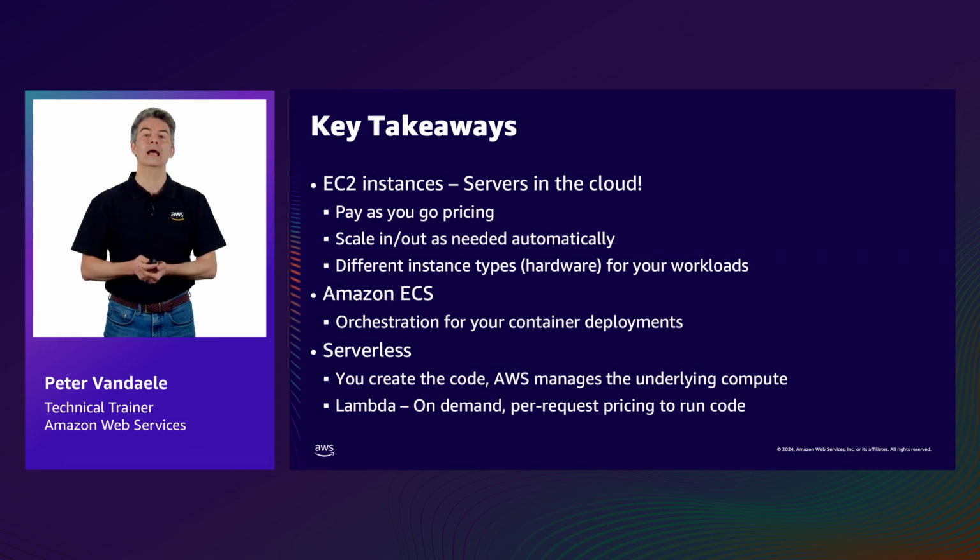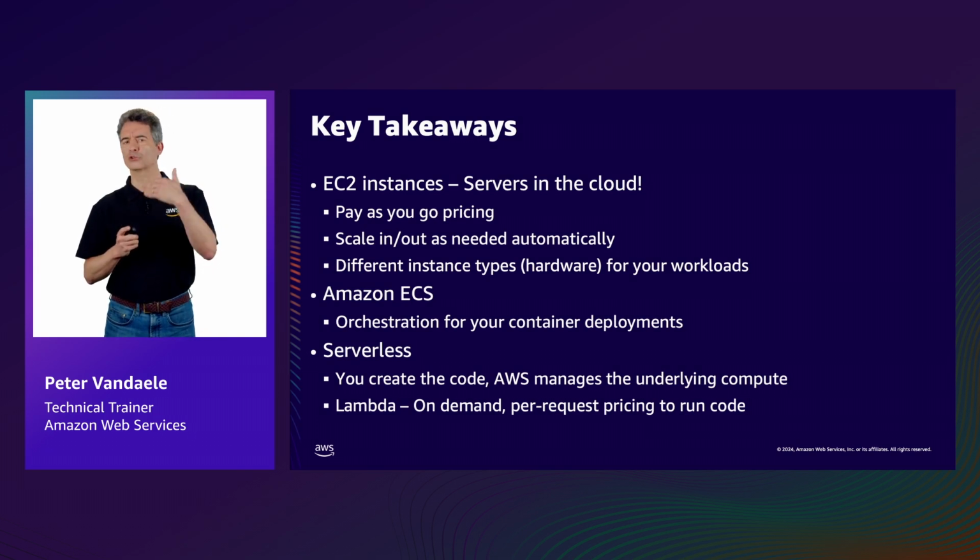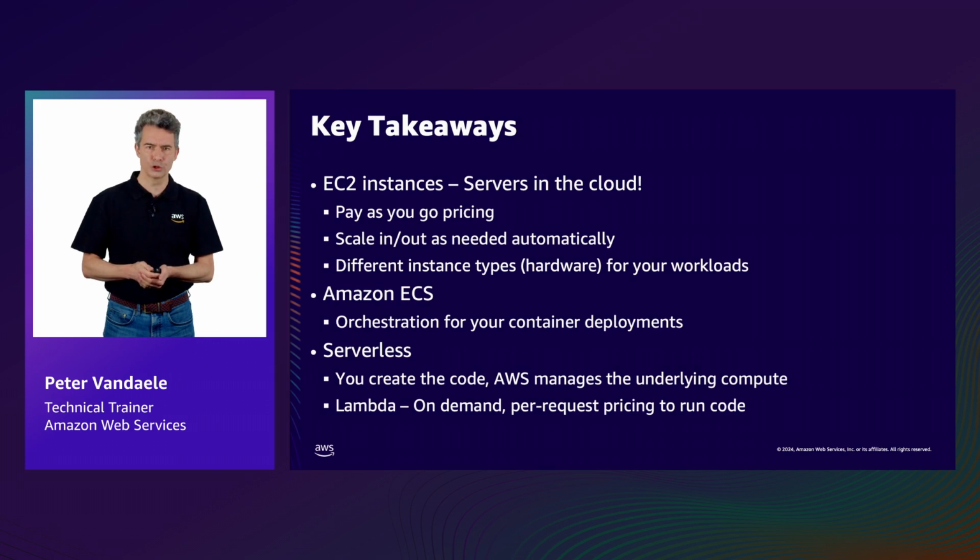And finally, AWS Lambda is a compute service that lets you run code without provisioning or managing servers. Lambda runs your code on a highly available compute infrastructure, and you will only pay for the compute time that you consume when a request is made to the Lambda function.